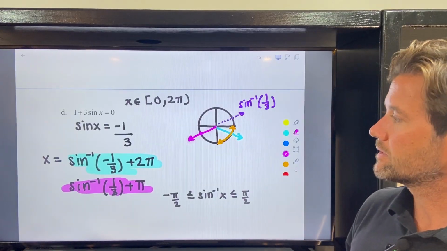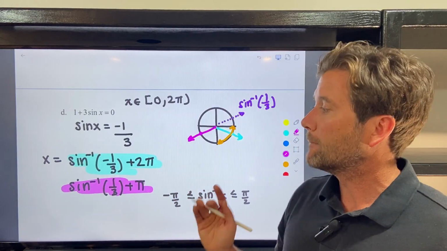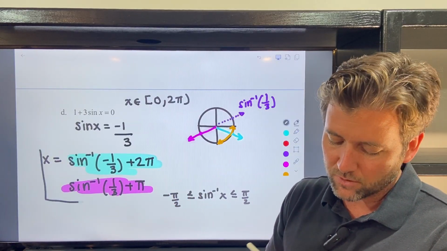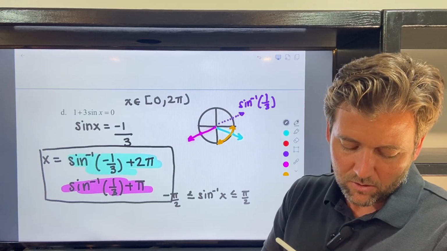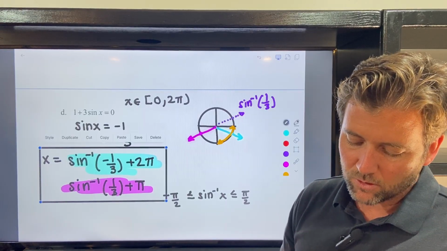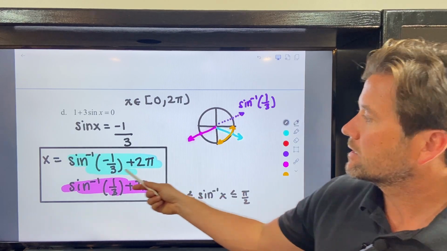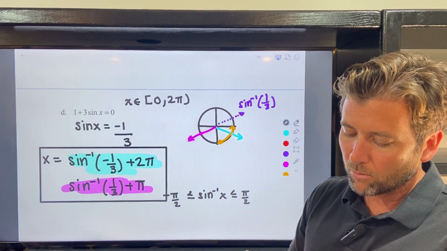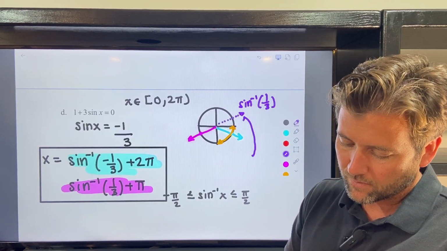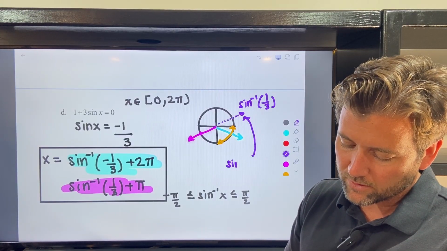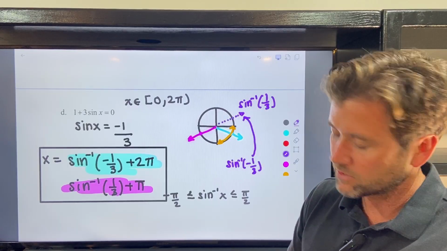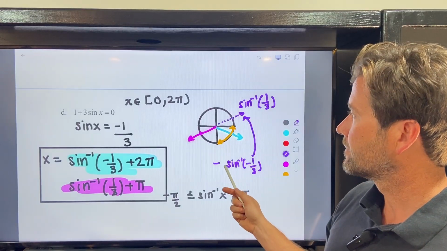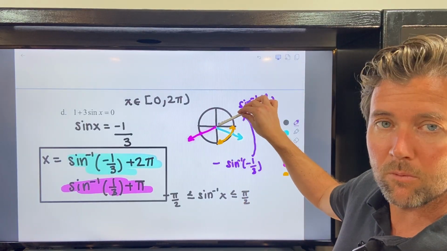Another option, these are your 2 answers, that's it. But if you wanted to, this angle in pink, a different way of writing that solution. So if you're not really tracking or you don't like how I wrote that answer for the one in pink, what some students do is they take this arc sine of negative 1/3 and they multiply by negative 1. So they take arc sine of negative 1/3, which is technically this blue angle here, and they multiply by negative 1, which puts it here where the purple angle is.